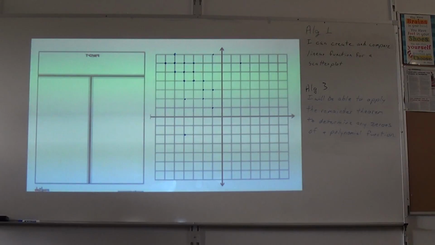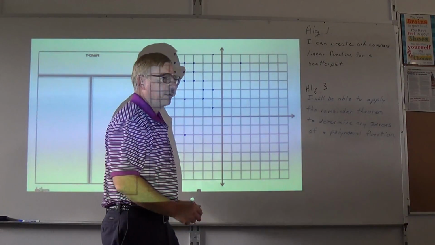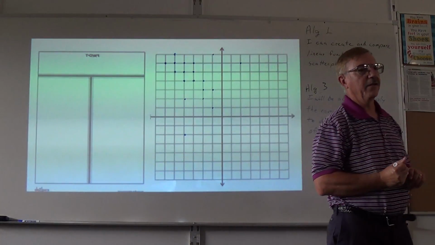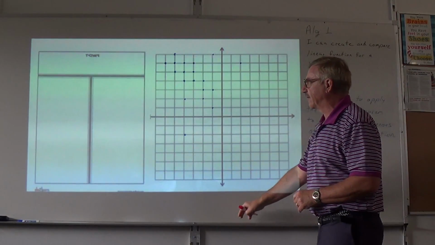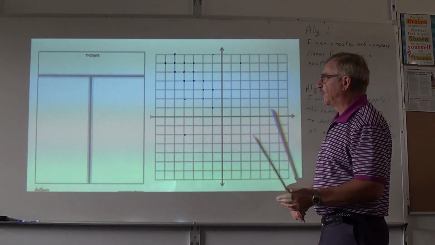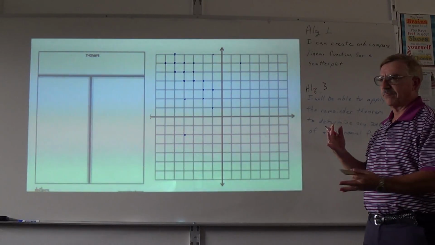Okay, a lot of you tried to make your line come through the 0, 0, through the point of origin. But what you really want is your line to go through the most points lying in the middle of the set of points.